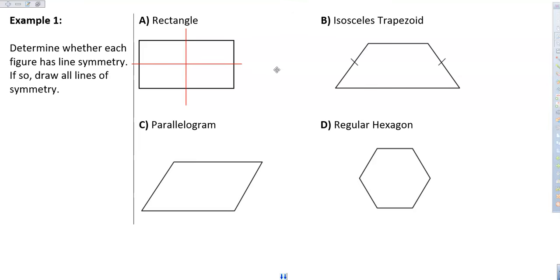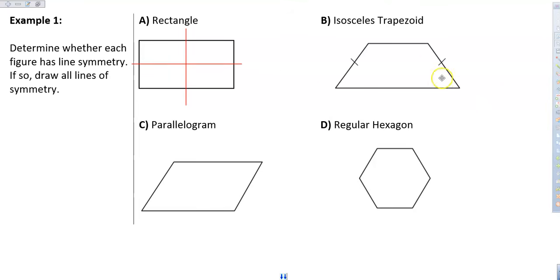You cannot use a diagonal with a rectangle. A diagonal is not a line of symmetry. Try taking your piece of paper and folding it corner to corner along the diagonal and see if you can get the points to line up, and you will not be able to do that.